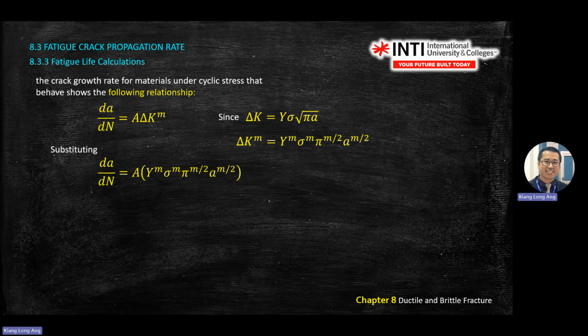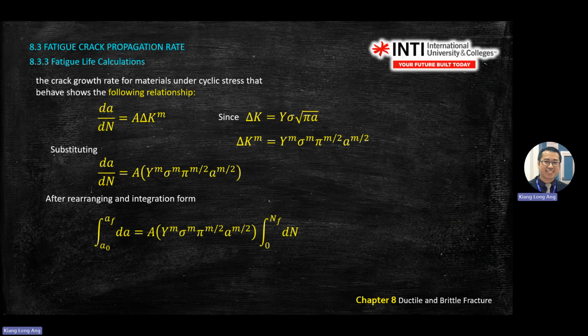Since delta K equals Y stress times square root of pi a, when you raise this K to the power m, each term has a bracket of m, so you have Y to the m, stress to the m, pi to the m divided by 2, and a to the power m divided by 2. Substitute this back here and you arrive at a new equation.